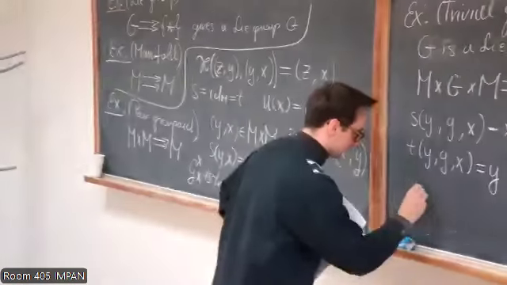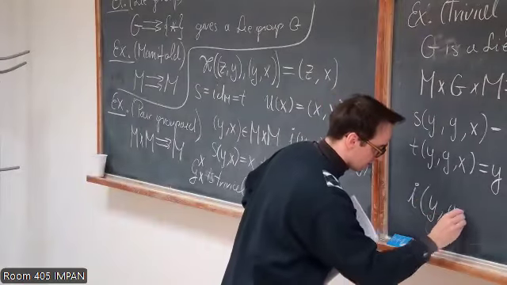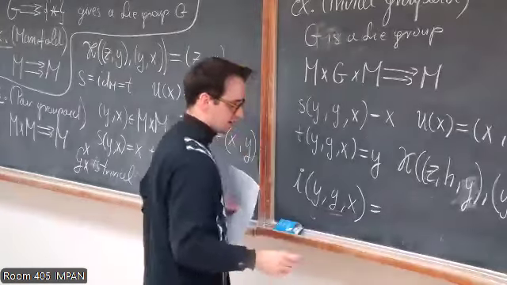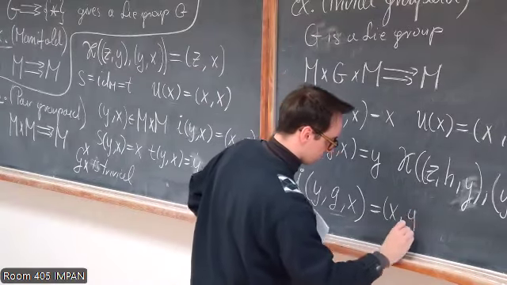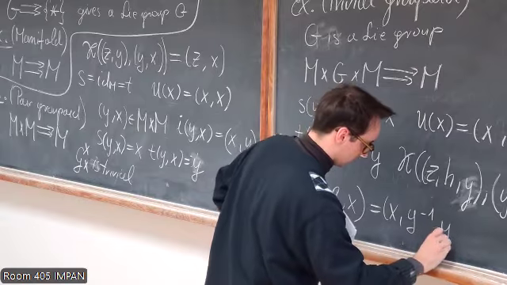Okay, and of course the inverse of (y, g, x) is (x, g minus 1, y).